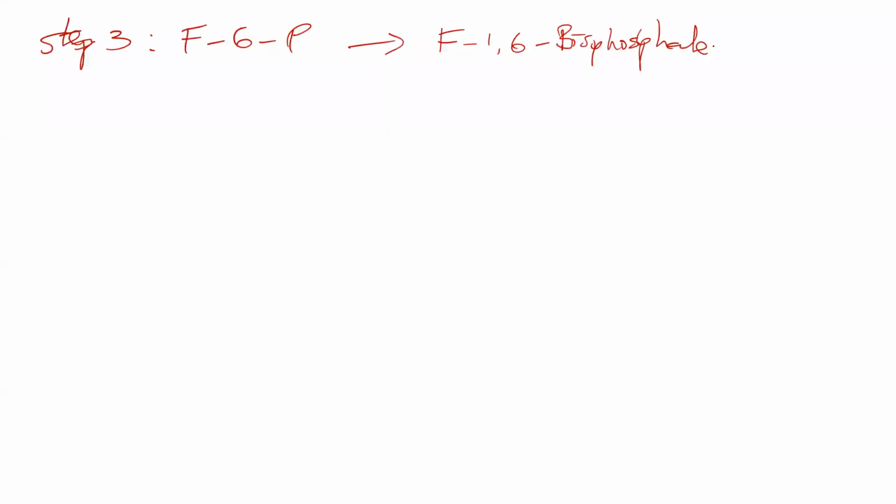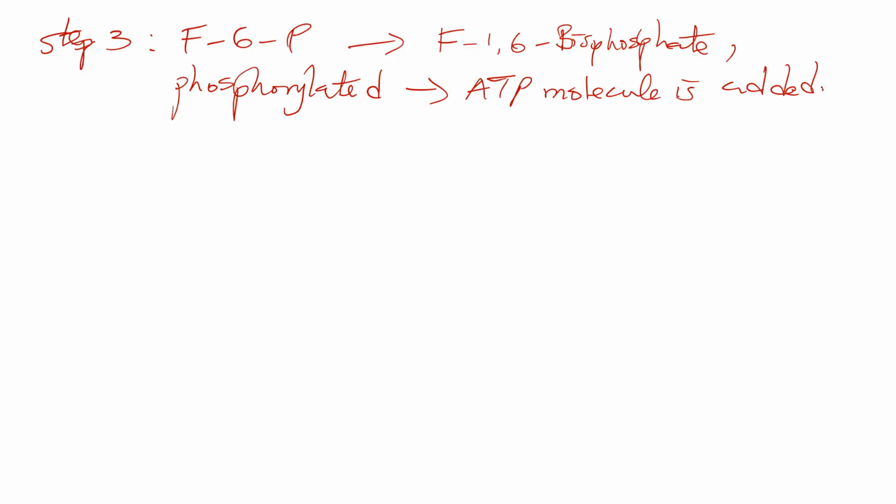And this reaction is a phosphorylation reaction. So fructose 6-phosphate is phosphorylated. This means that an ATP molecule is added.